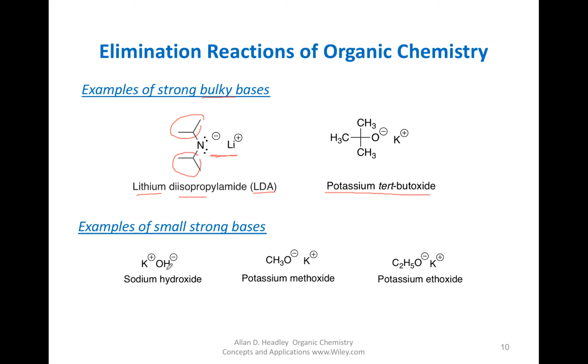Examples of small bases here, of course, as you can imagine, sodium hydroxide or potassium methoxide or even potassium ethoxide. The ethoxide here is pretty small compared to these. So we have two types of bases that we can use here. You just have to pick one to determine what the major product is that's needed.